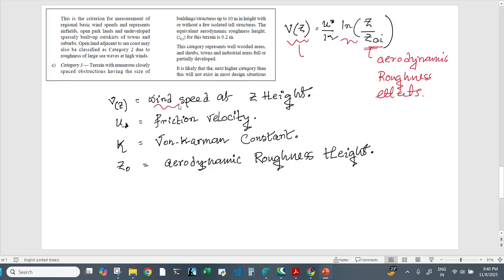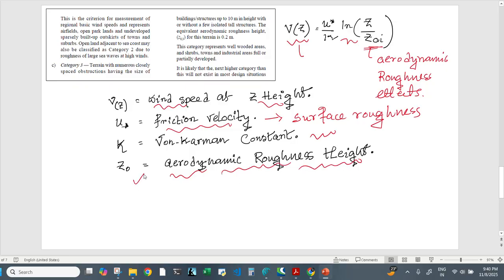Vz is the wind velocity at height z, u star is the friction velocity, the surface roughness and von Karman constant, and the aerodynamic height is z0.